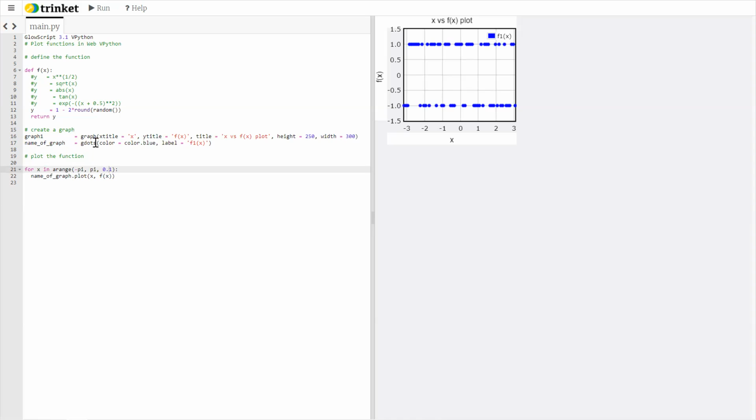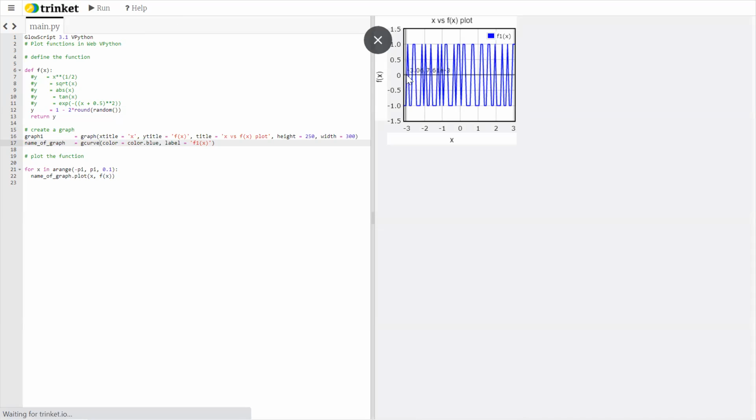You can put this back to the curve, so you can see that the dots are now connected and the fluctuation is between these two possible values.